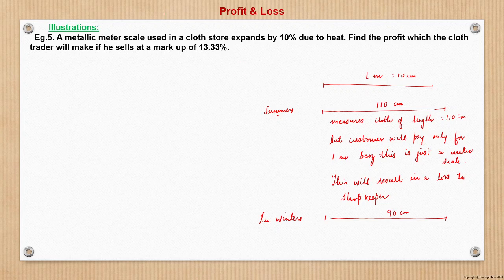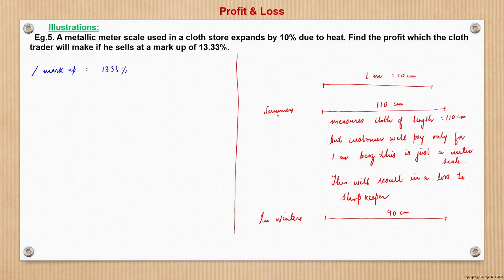Now using this concept, we will try to find out the net percentage profit or loss. So question says a metallic meter scale used in a cloth store expands by 10% due to heat. Find the profit which the cloth trader will make if he sells at a markup of 13.33%.